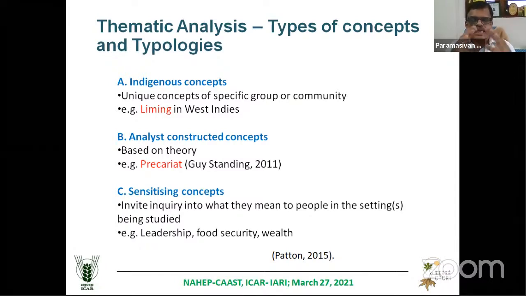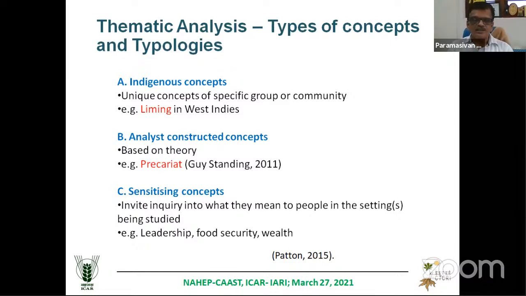So there is a class of labor which Standing, based on his analysis of the data collected earlier, invented as a new class of labor, the precariat. Based on thematic analysis, he created a new kind of concept referring to some kind of laborers. And there are some sensitizing concepts, which invite inquiry into what they mean to people in different settings.